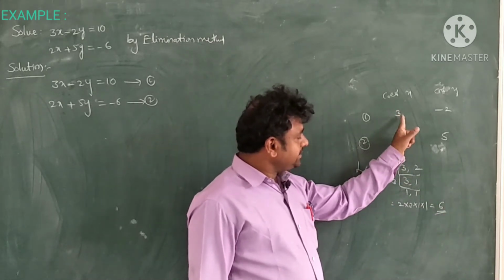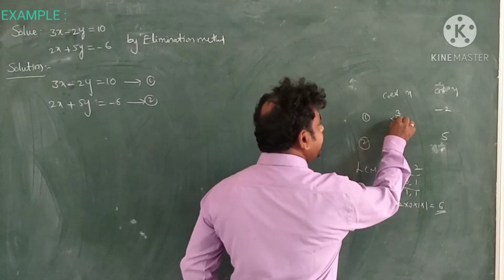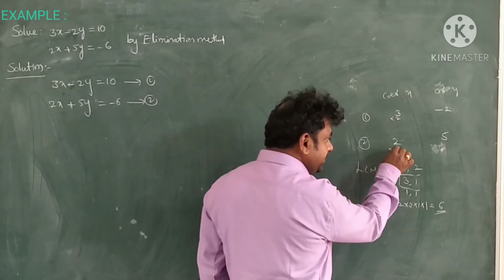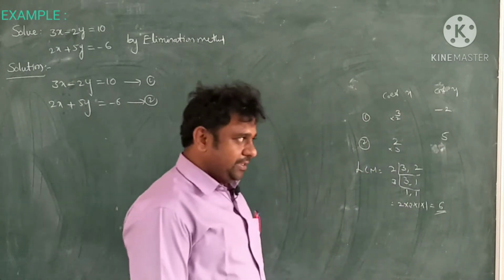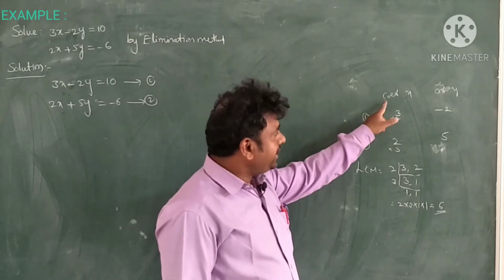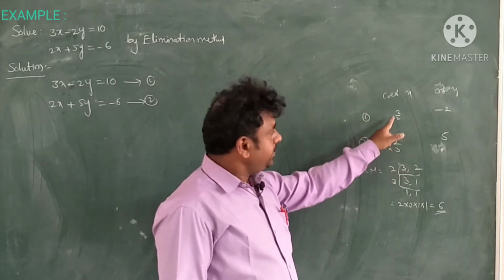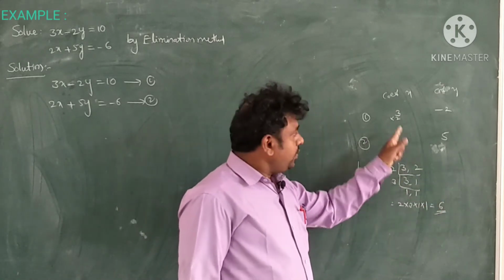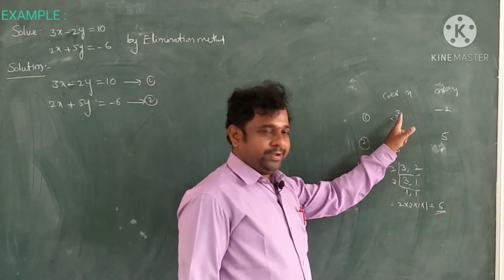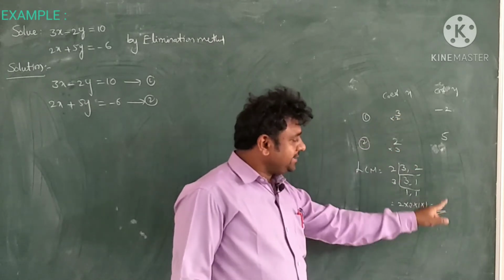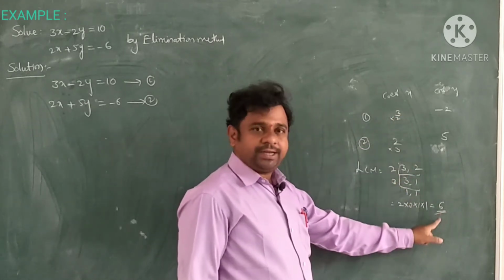For making 6, 3 must be multiplied by 2, and 2 must be multiplied by 3. First of all, we take the LCM of these two coefficients, then we can change this coefficient to 6 and this coefficient to 6.